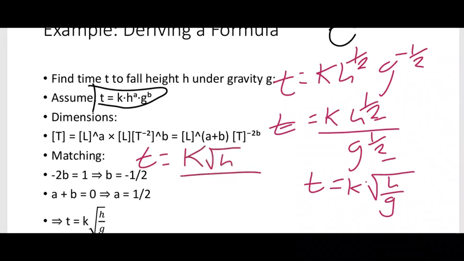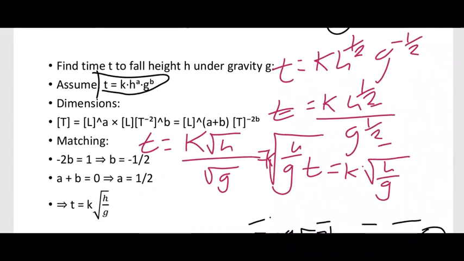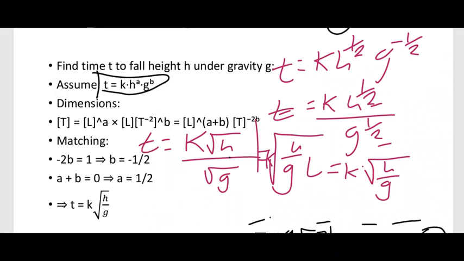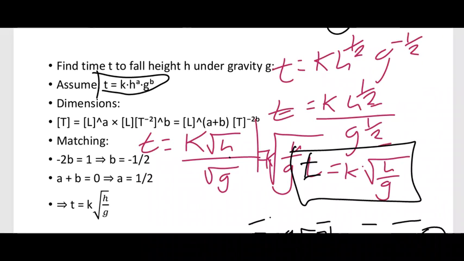This is the same as the root of h over the root of g, which is equal to the root of h over g, multiplied by k here. That's the implication. So this is how the formula is going to look, so actually this is t.